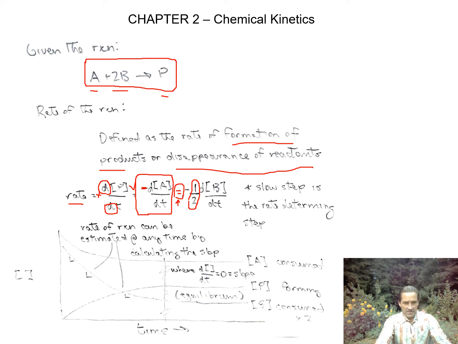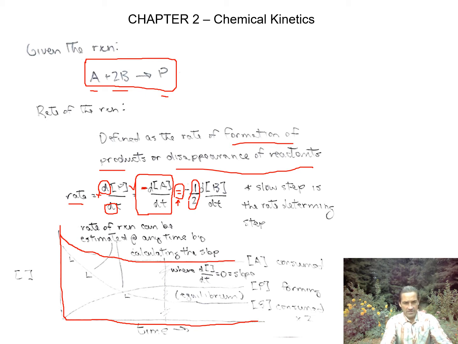So we see it in this plot. If I plotted the concentration versus time for this reaction, I see the disappearance of A here.